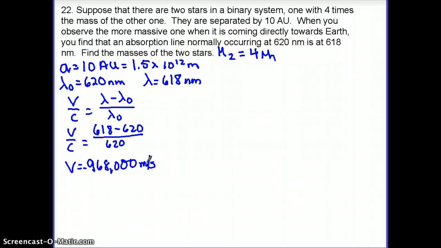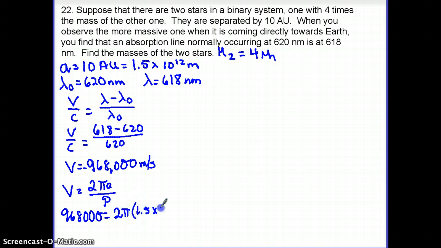If I want to find the period, I can do V equals 2 pi A over P. So I can do 968,000 is 2 pi times 1.5 times 10 to the 12 divided by P. And I get that P is equal to about 9.7 times 10 to the 6th seconds.